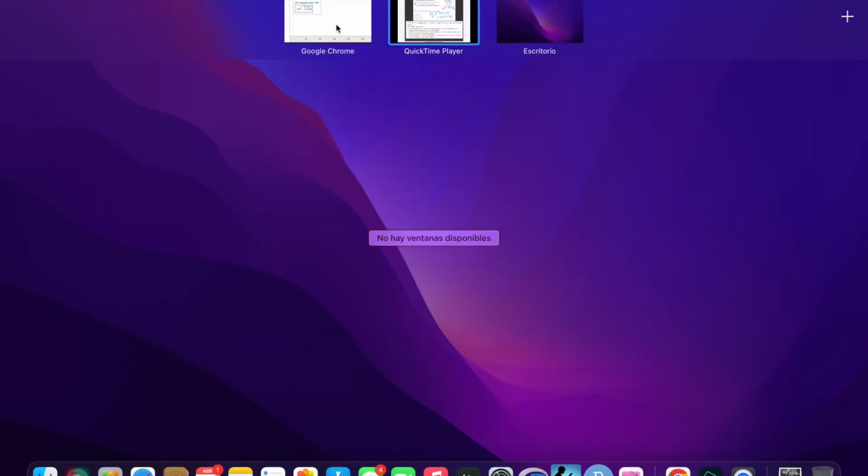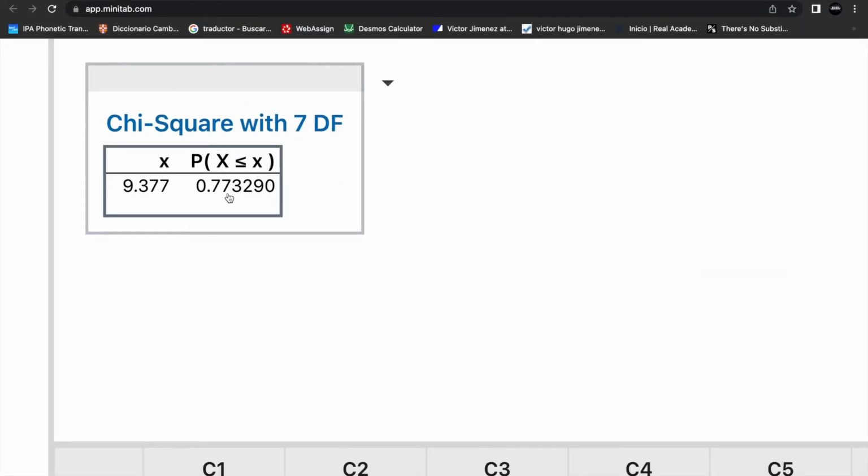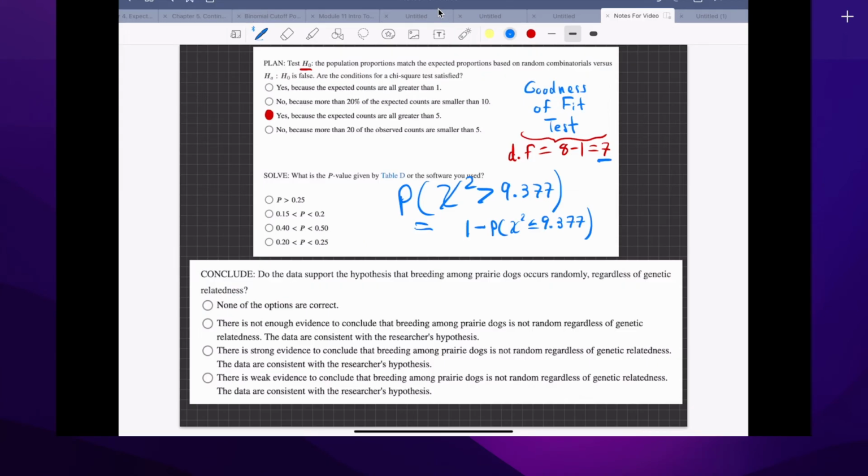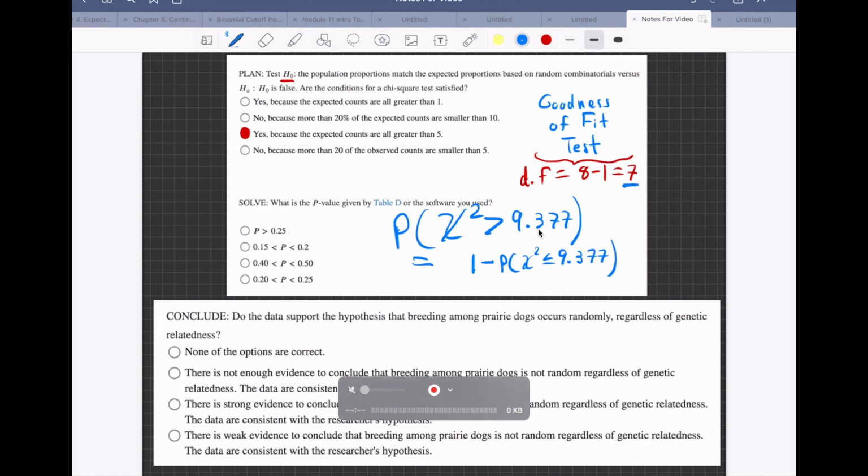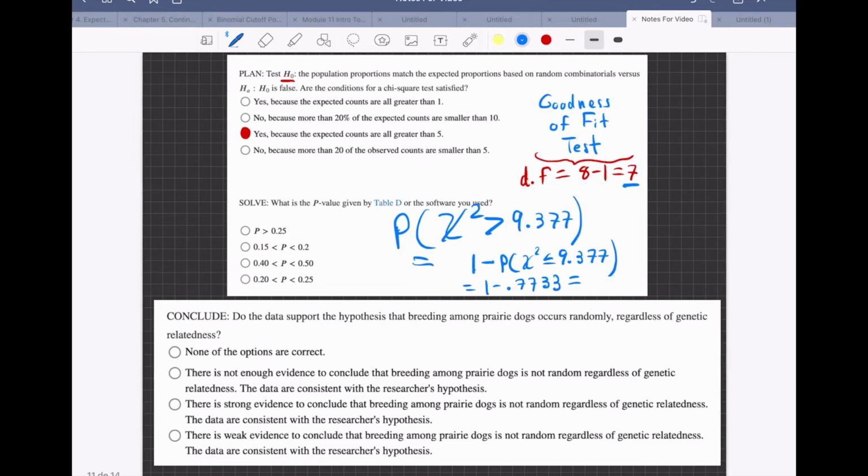And this probability is provided in the table, 0.7733. And this is equal to 0.2267. That is the p-value.